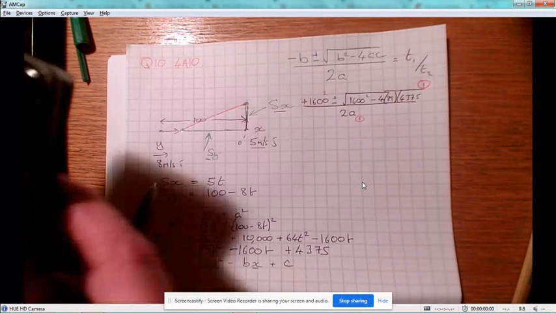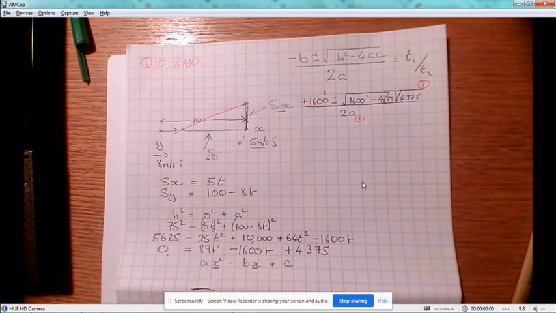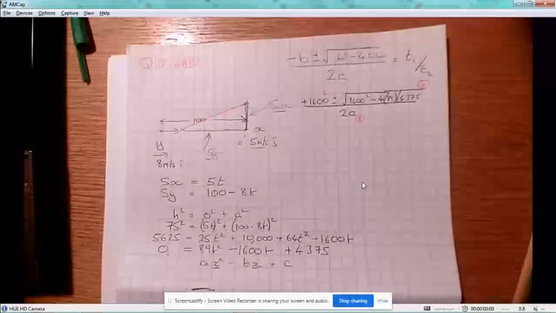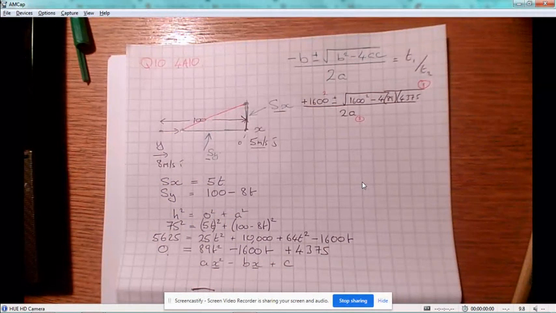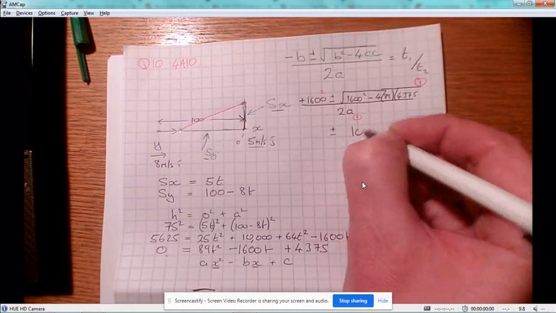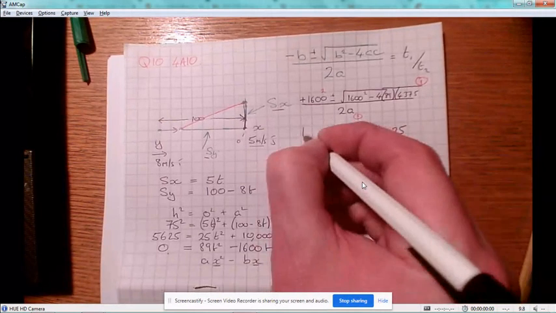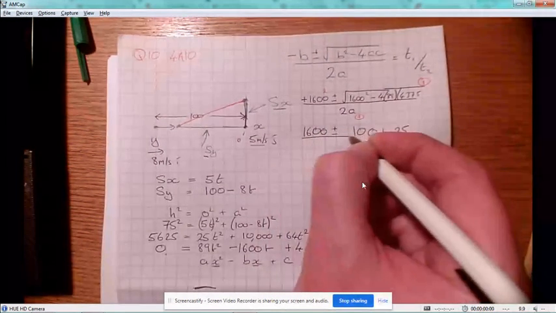And so that leaves me with a huge number. If I just get the root of it, so it's 1,025,000, so just get the root of that. It becomes 1001.25, plus or minus that, and that's plus 1600 over 2a.